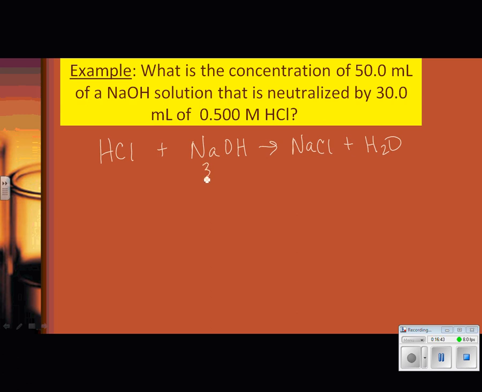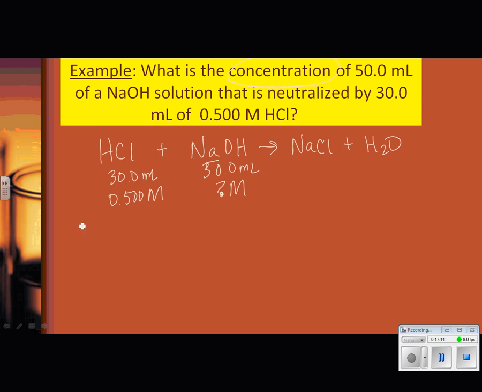So I have 30 milliliters of this, and it is a 0.500 molarity. Then I have 50 milliliters of this, and I'm looking for its molarity or concentration. Okay, so molarity, remember, is really just moles over liters.